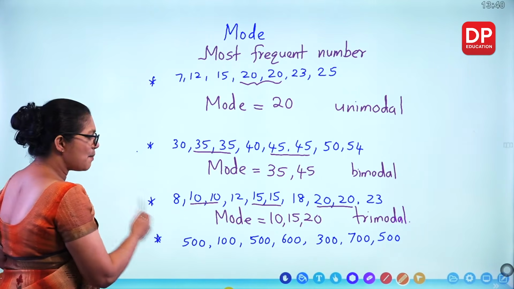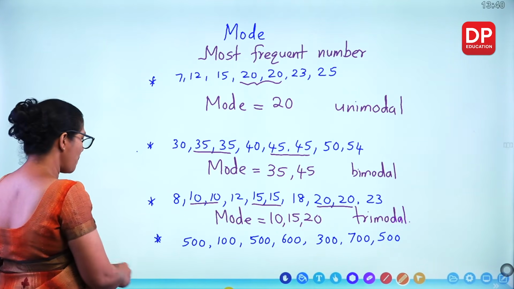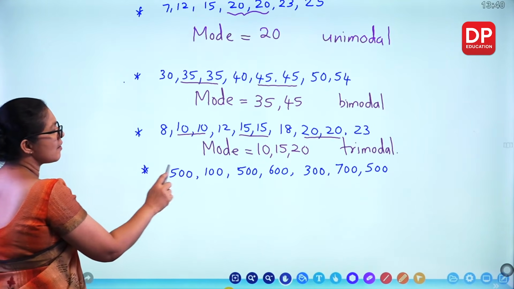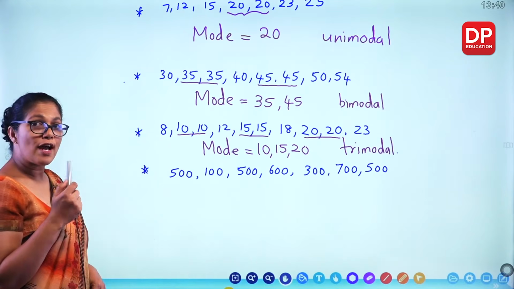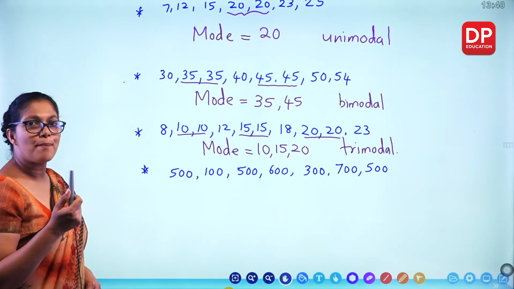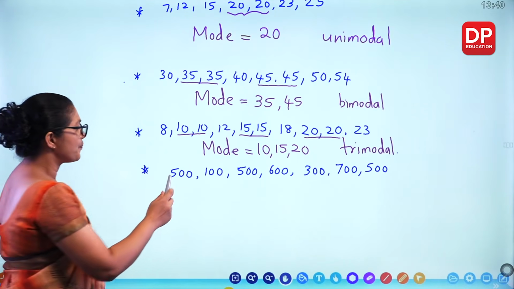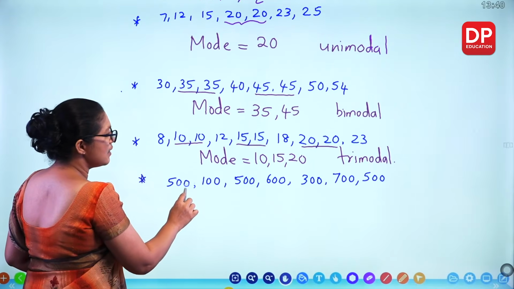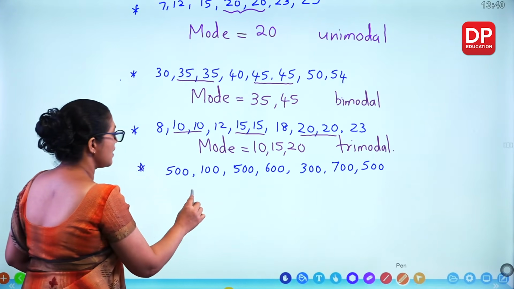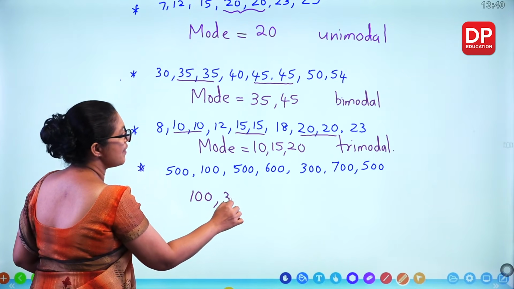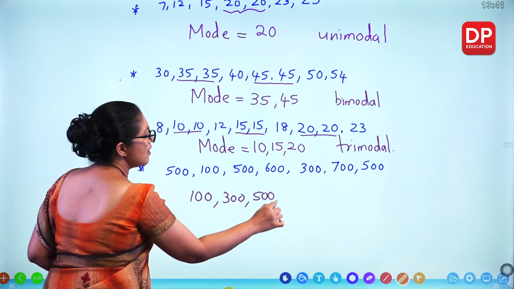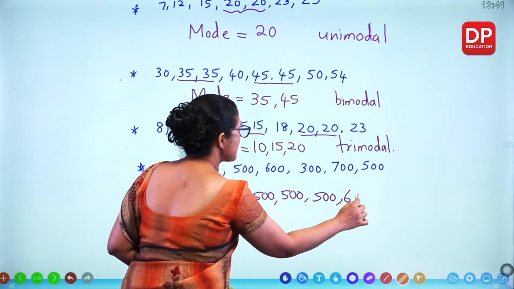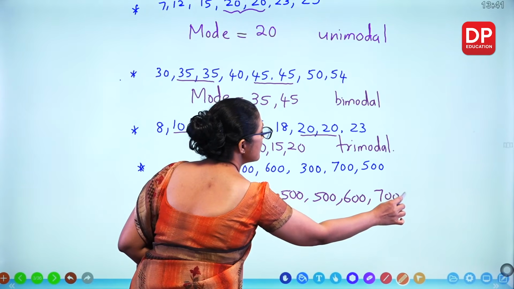Now take the same example that we took before, the number of coconuts sold for 7 days. We'll try to find the mode number of coconuts sold. When you arrange the data set in order, you get 100, 300, 500 3 times, and 600, 700.